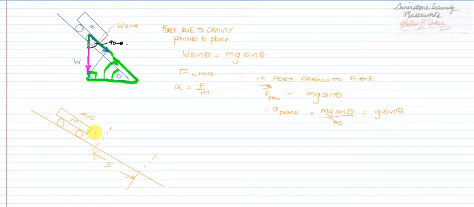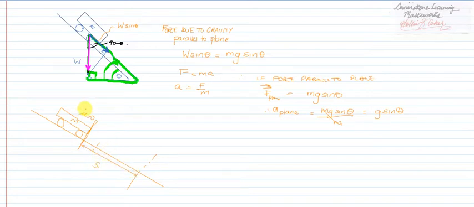And let's do better than that. While we hold the object at rest, let's use this point as the starting point. So in fact, the S is from here to here.